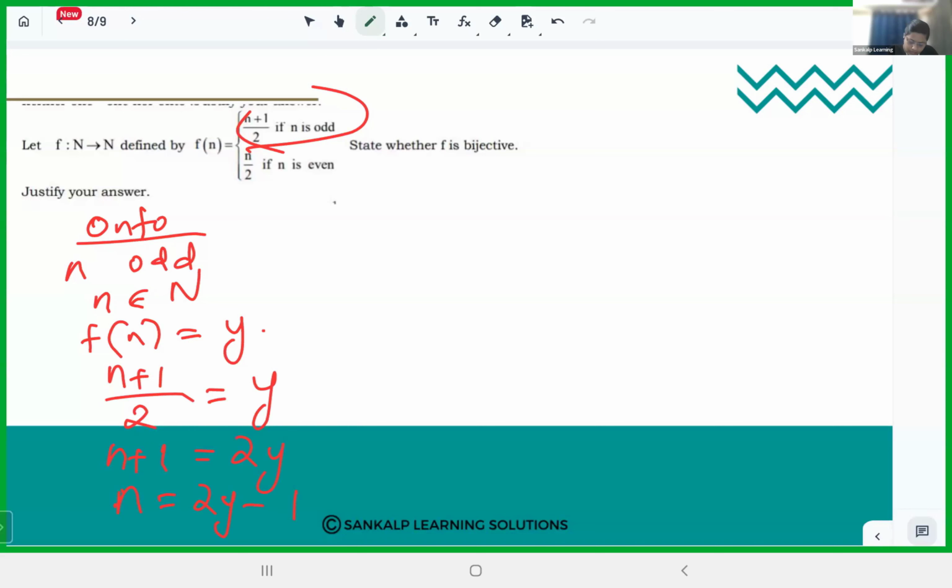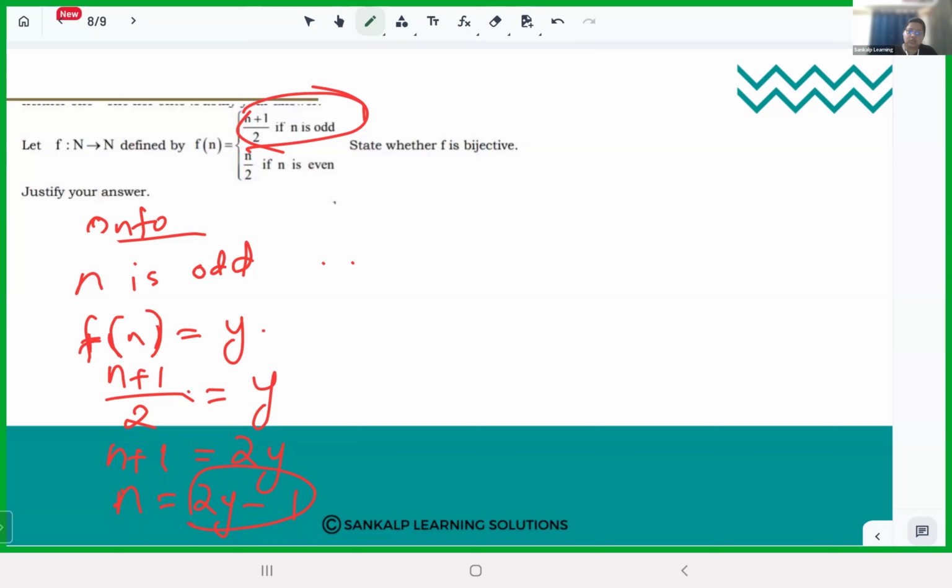I'm sorry. The first case is n is odd, and we are taking n from N such that f of n is equal to y, and then you know that it is an odd function. So the function will be (n plus 1) by 2 is equal to y. So n plus 1 will be equal to 2y, and n will be equal to 2y minus 1.